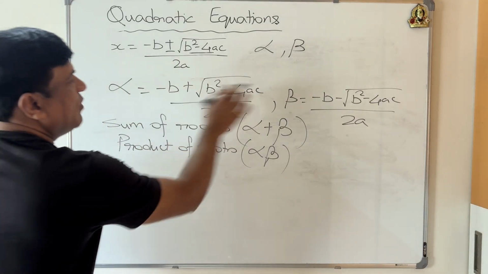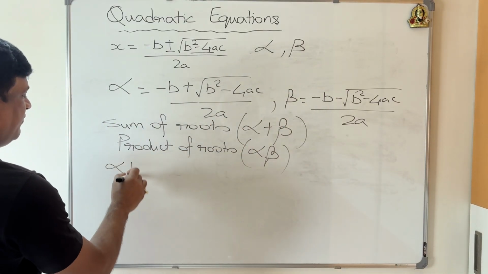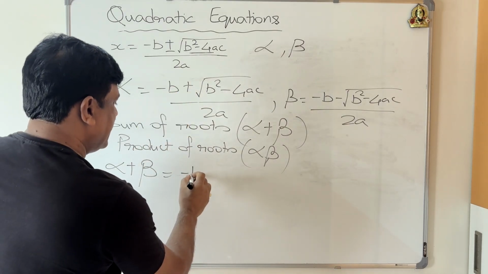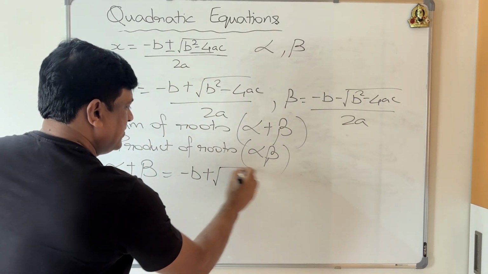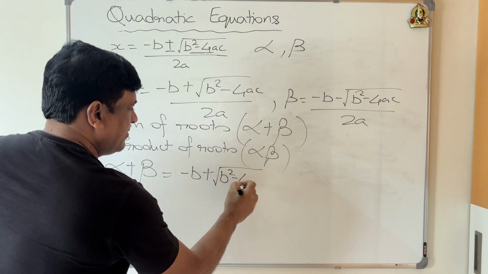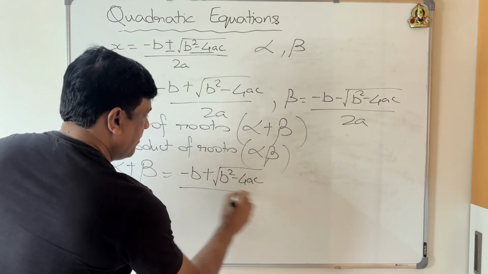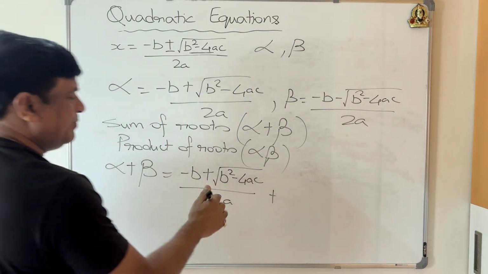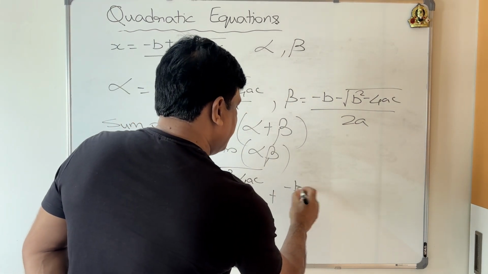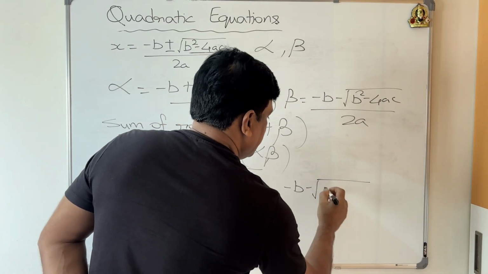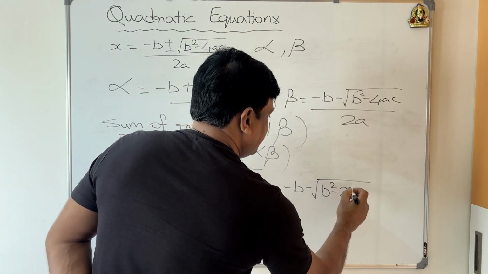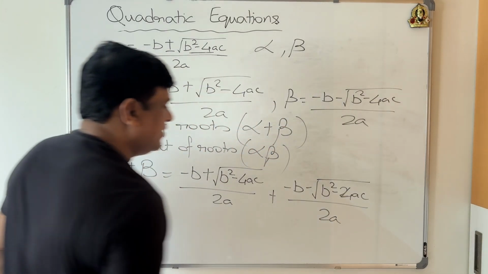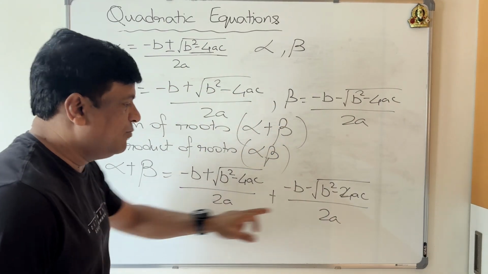Look at it. If you add alpha plus beta, what do you have in alpha? You have (-b + √(b² - 4ac)) by 2a, plus beta, which is (-b - √(b² - 4ac)) by 2a. Look at it, the LCM is the same in both the cases.